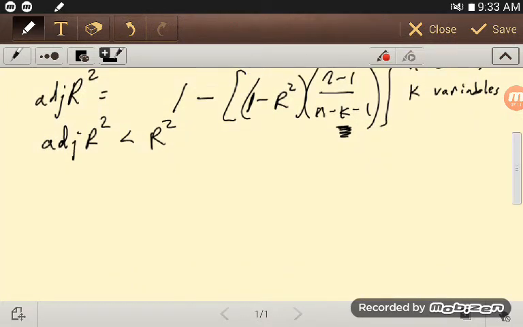Now, what we want to look at is why we care about this number of variables. And we want to talk about this thing called the bias variance trade-off.